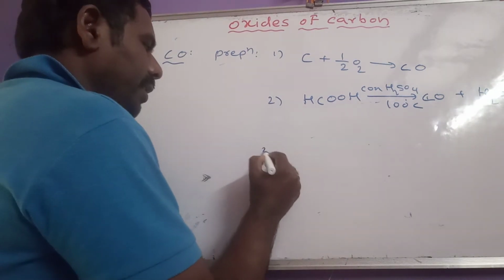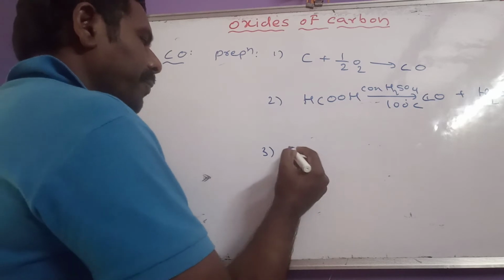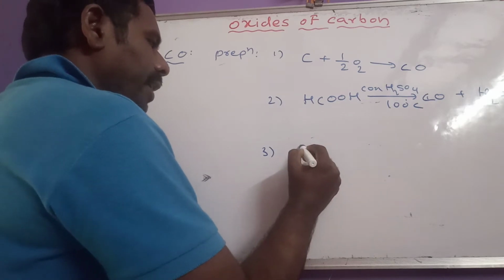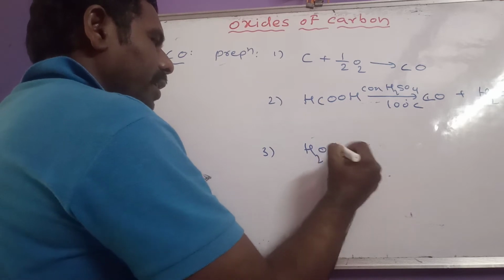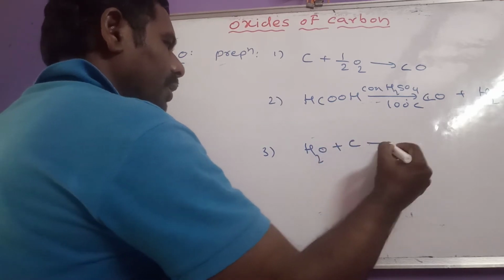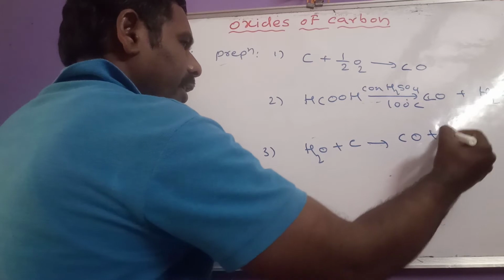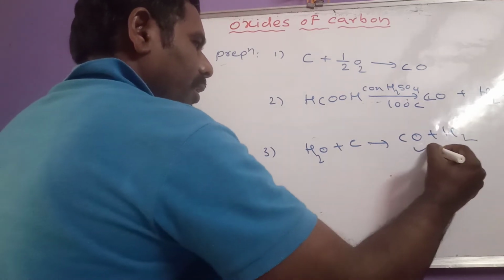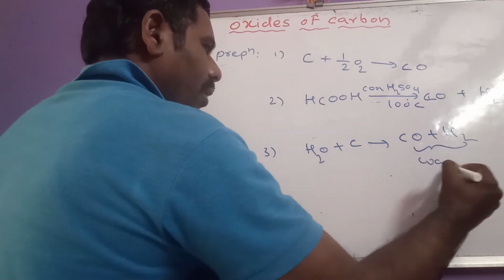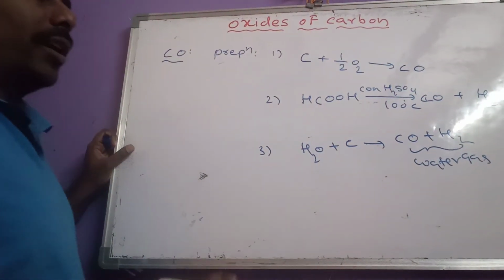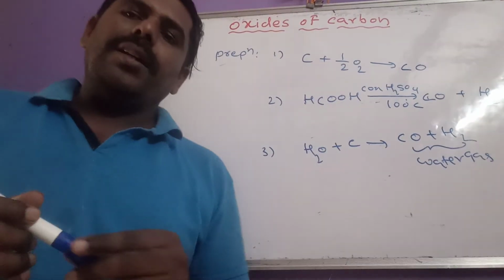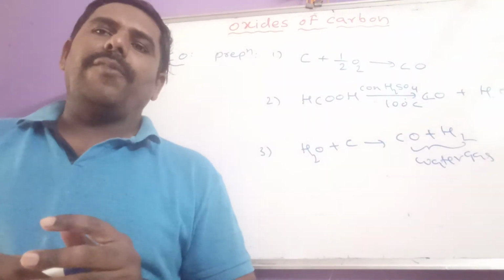And another method of preparation here, what is that? When steam is passed through red hot coke, we get CO plus H2. This mixture is called water gas, and also called blue gas because it burns with a blue flame.